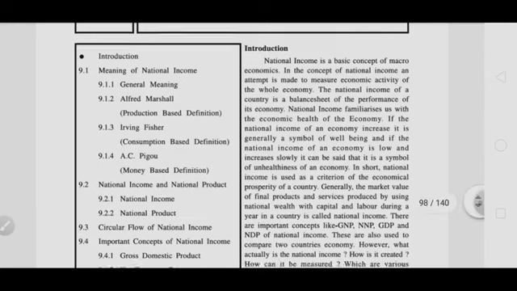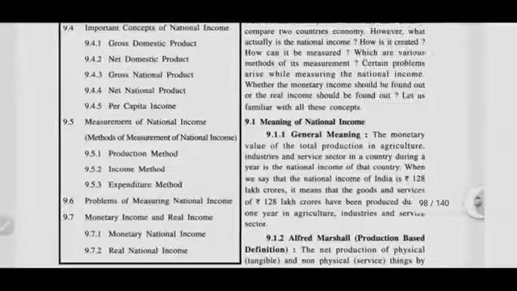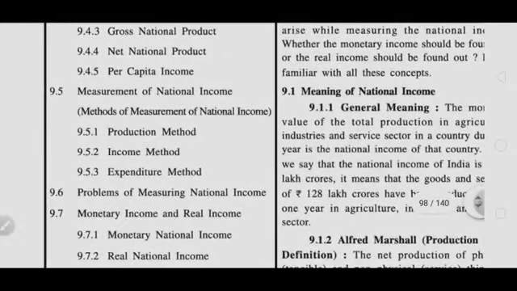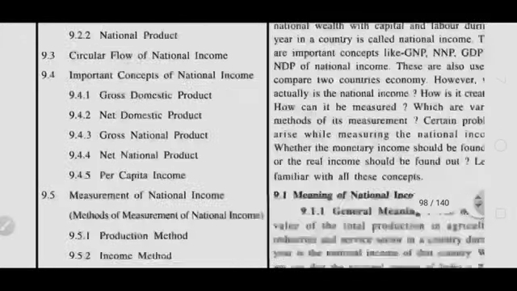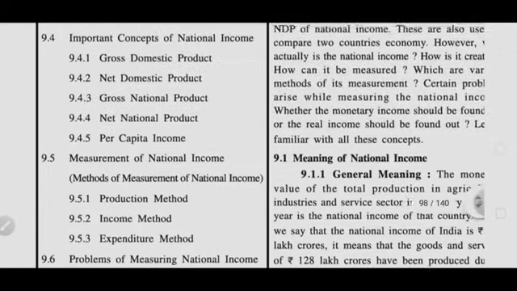So from these three different points of view, we will have three different measurements of national income, that is, methods. From the definition of Alfred Marshall, we have the production method. From the definition of Irving Fisher, we have the income method, and from the definition of A.C. Pigou, we will have the expenditure method.